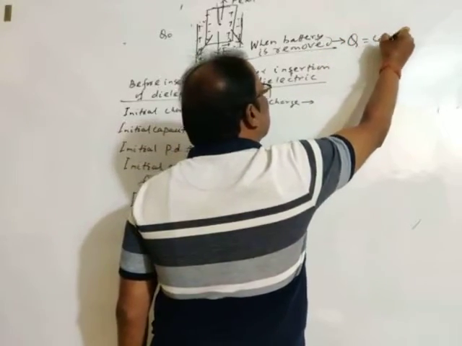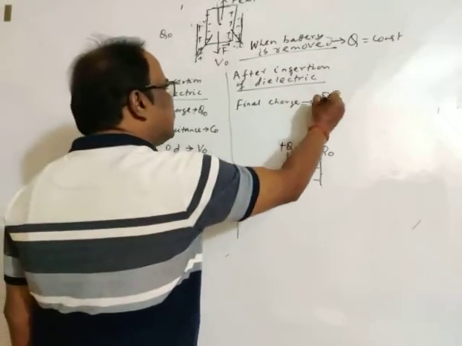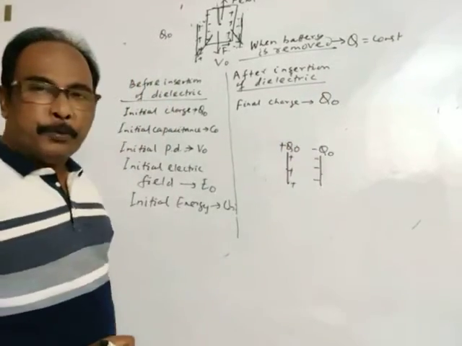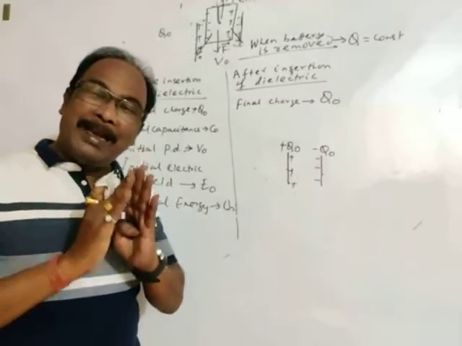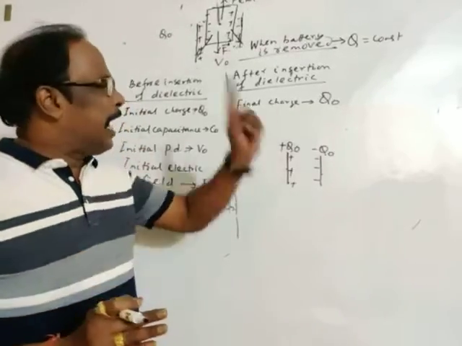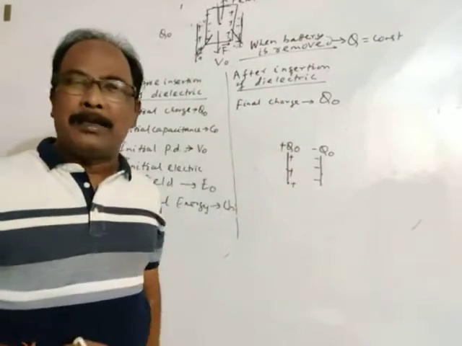Charge remains constant. So final charge will also be Q naught. If the battery is removed, charge remains the same, means final charge is equal to initial charge.